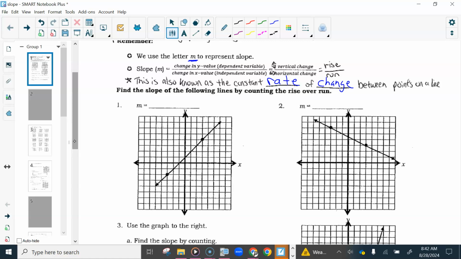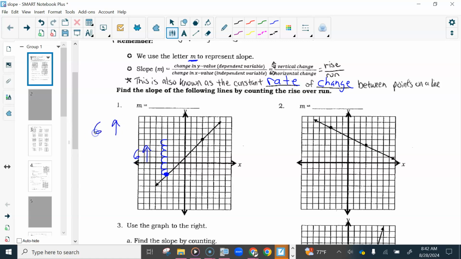And then we're going to find our slope by counting. I'm going to visually show how I'm counting, but you don't need to do that; you can just count it. Because we're doing the rise, or the vertical change, I have to count up or down first. It does not matter, and I'll explain that in a second. Let's say I'm starting at this point over here. I'm going to go straight up to count my rise: 1, 2, 3, 4, 5, 6.